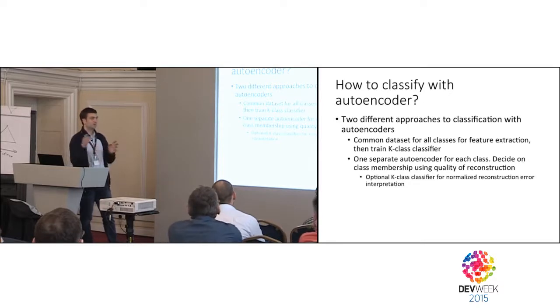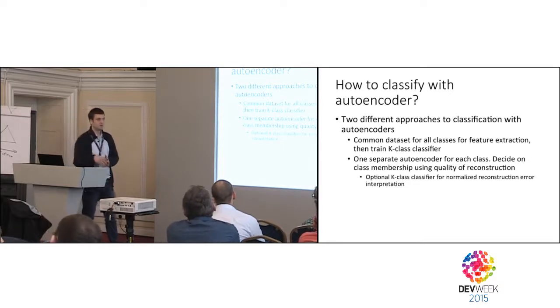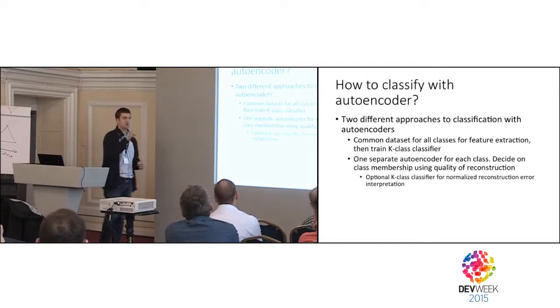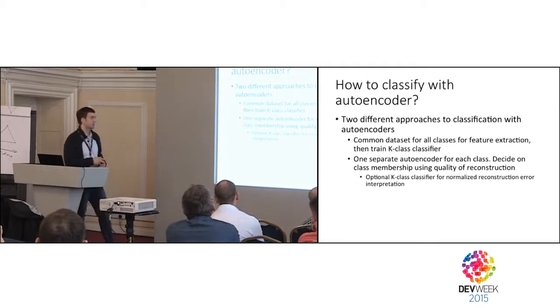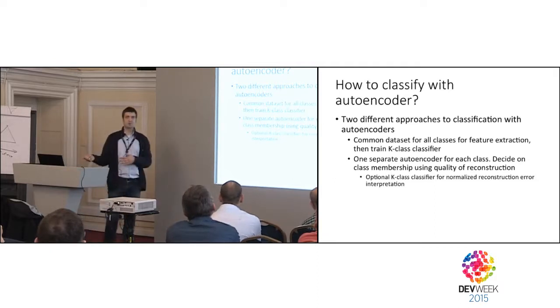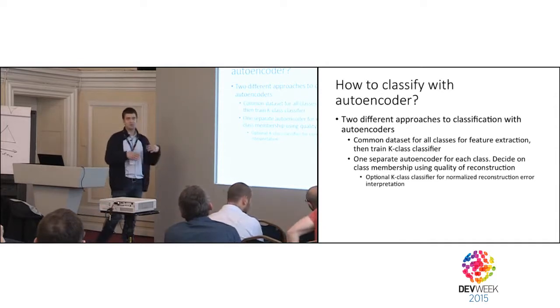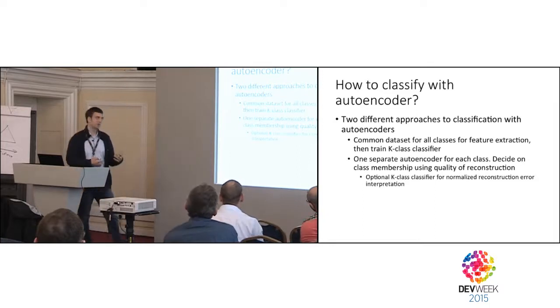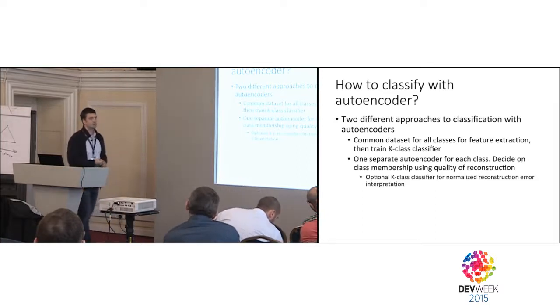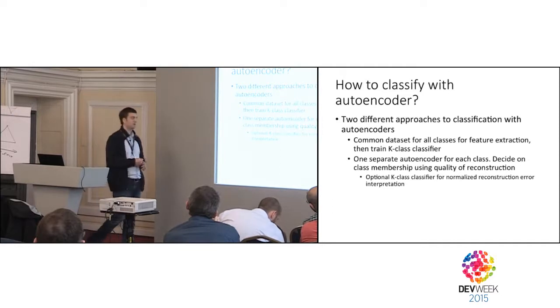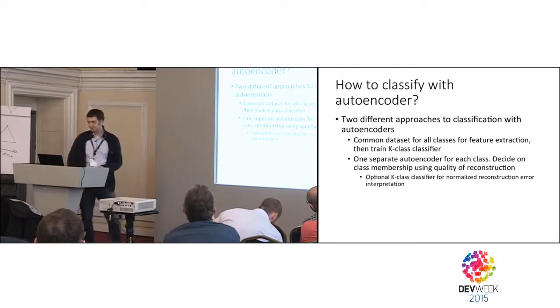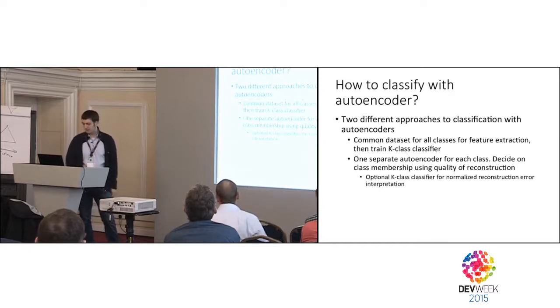After that, you use pattern recognition at the end, which uses extracted features to recognize one class from another. The other approach that we saw now is that you train separate autoencoders for separate classes. For each class, you train your own autoencoder. And you decide on the class membership based on the error of the reconstruction, how well this autoencoder reconstructs your object.